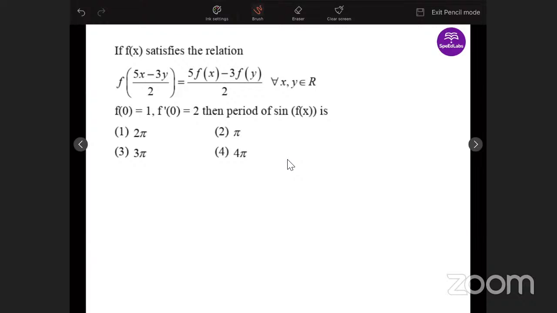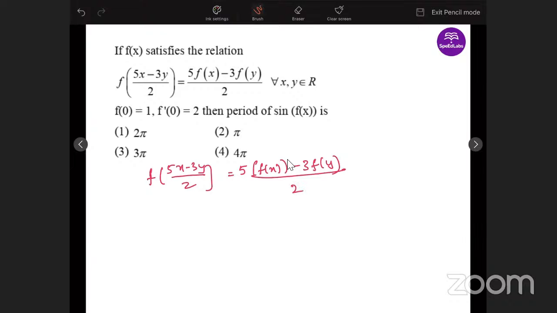Chalo, let me explain. So basically, if f of x satisfies the relation, what is the question given? f of (5x minus 3y) upon 2 is equal to 5 times f of x minus 3 times f of y upon 2, right?